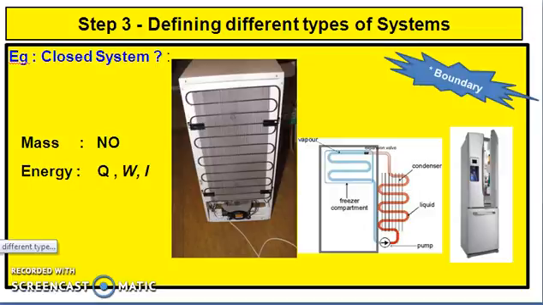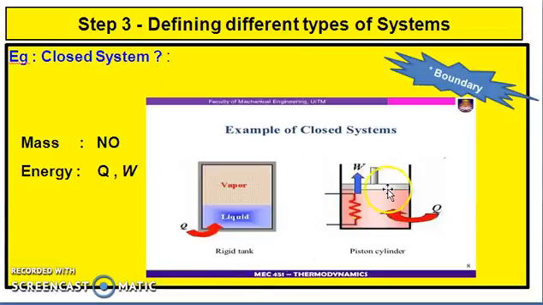A boundary is something in between the system and the surroundings. Work crosses the boundary, heat crosses the boundary. Both heat and work are forms of energy, hence there is energy interaction and no mass interaction. It's fluid tight, there is no mass interaction. So this is a fit example for a closed system.